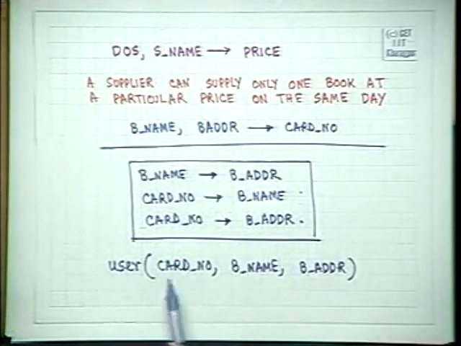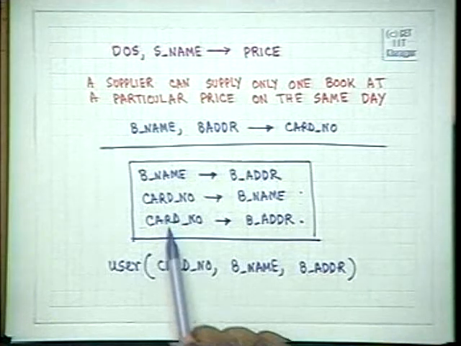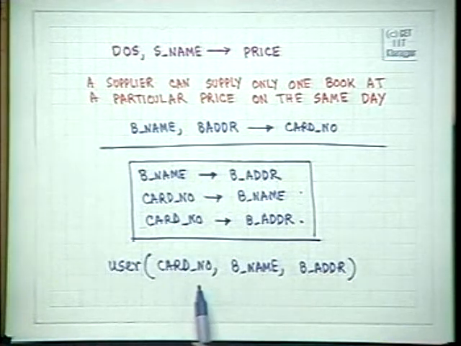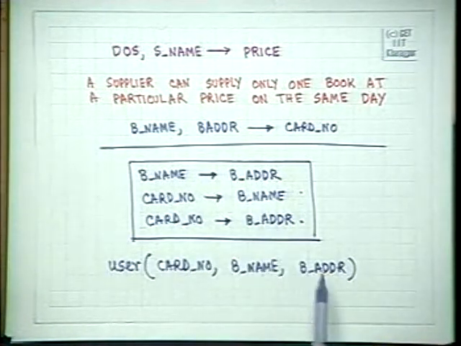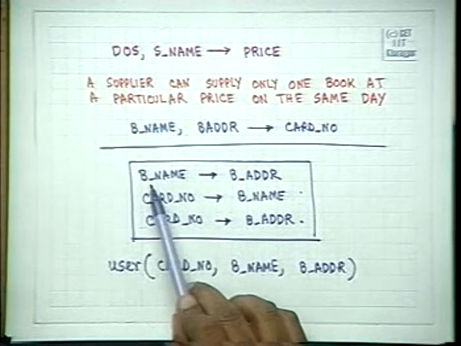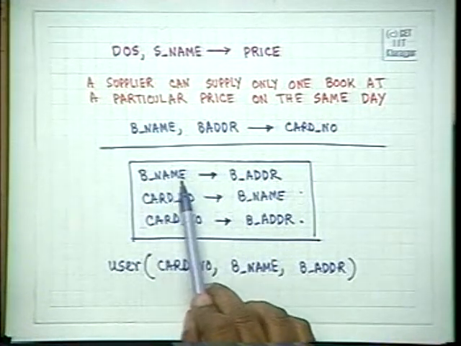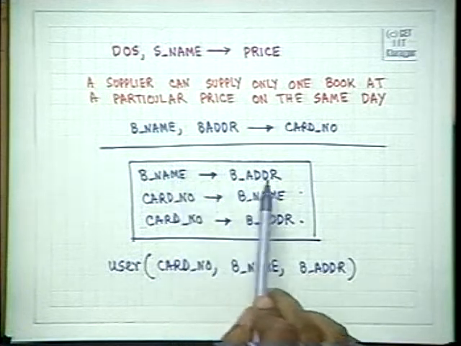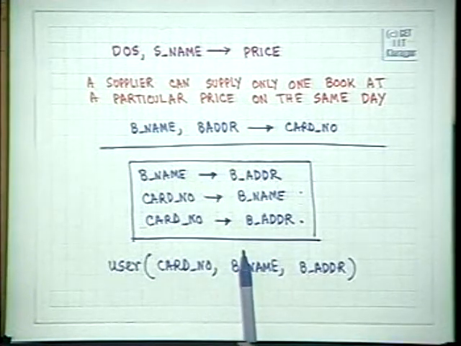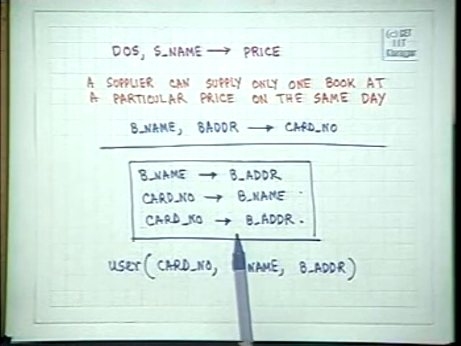This means that card number becomes the primary key because all other elements are dependent on it. However, if borrower's name is same, borrower's address must be same, in the sense that we cannot have two people with the same name and different address.